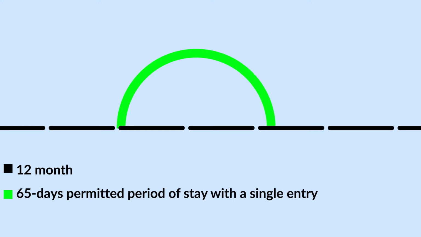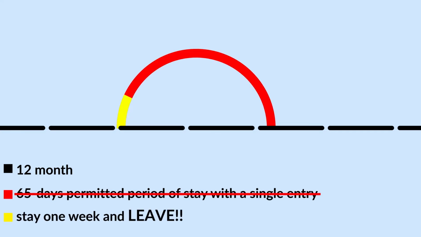This means that if you come to Ukraine with this visa, stay 1 week, you won't be able to use this visa once again, regardless of the fact that you didn't use all of your permitted 65 days and that your visa remains valid for another year. In this case, the fact that it was issued for single entry prevails. You will need another visa to come again. So, think carefully about the period you need to spend in Ukraine and how many times you may want to enter with the visa you apply for.